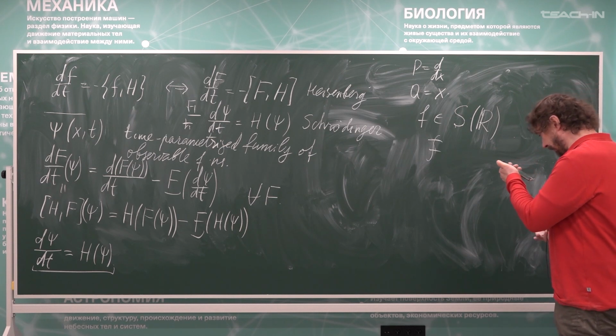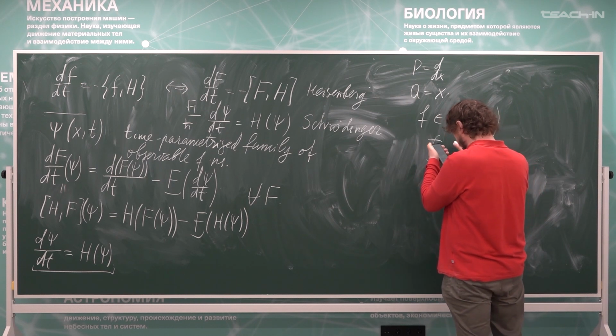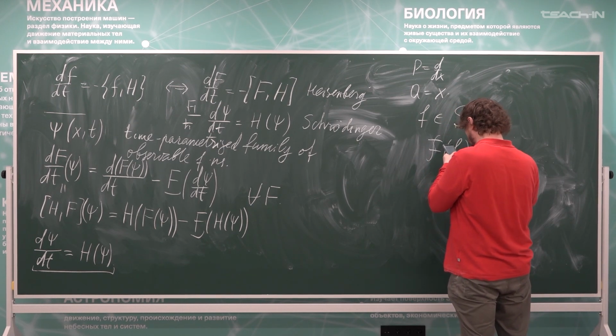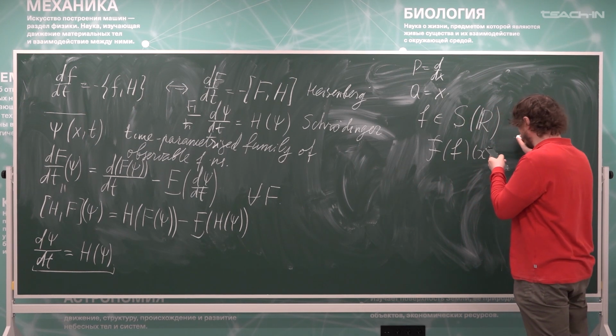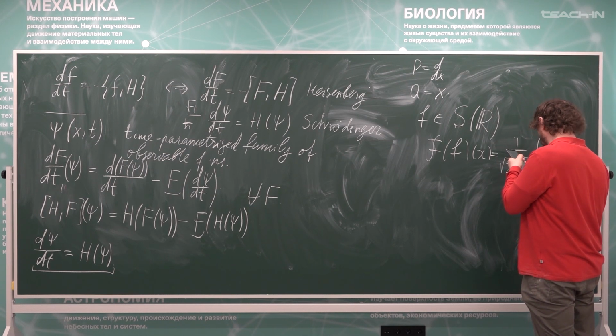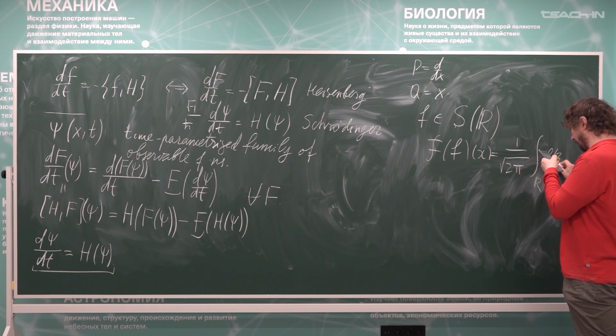If we work in R^n, in R^1, then it is just this: the Fourier transform of f at a point x is equal to 1 over square root of 2 pi times the integral over R of f of psi e to the power minus i x dot psi d psi.